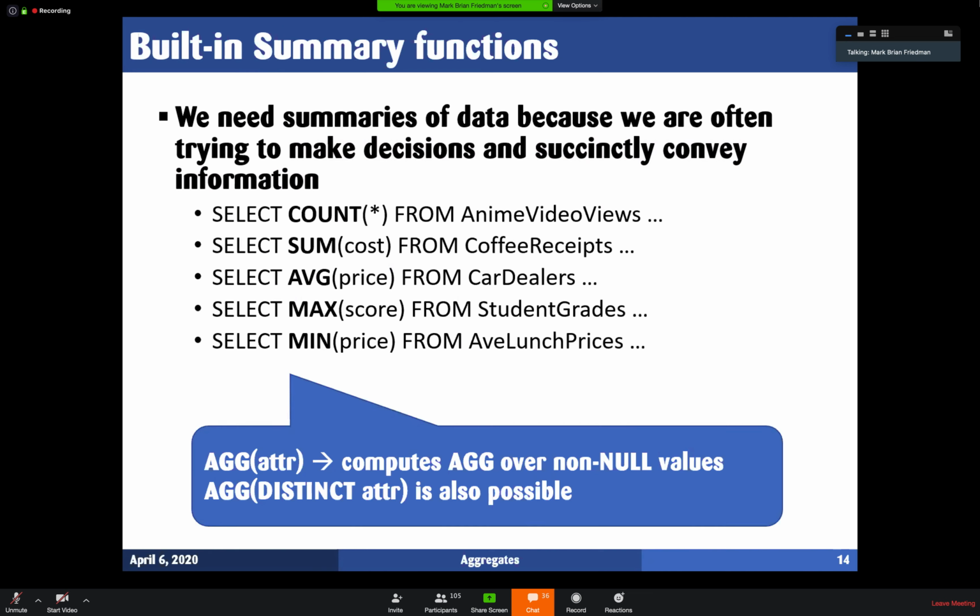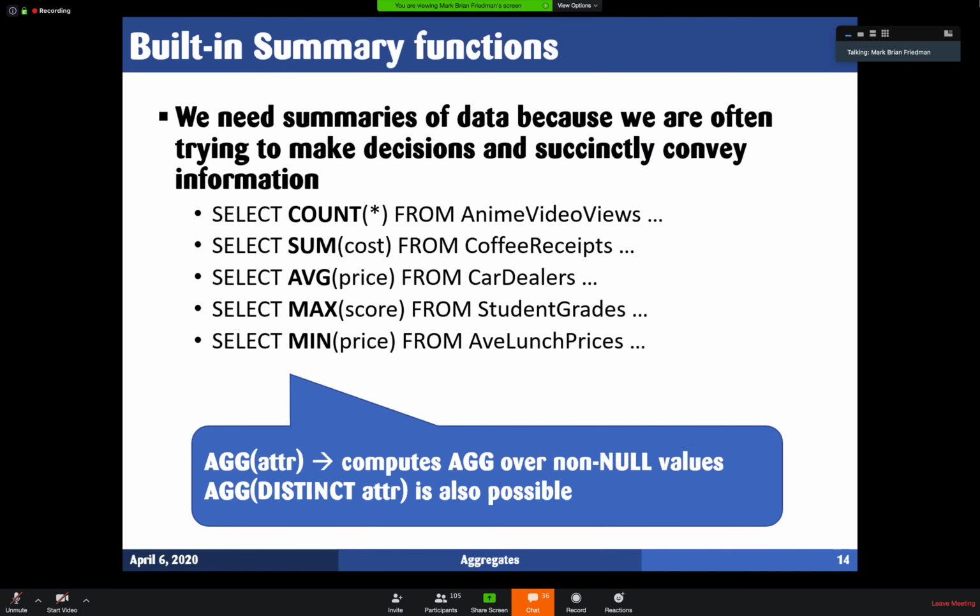Also, another way of doing it, for instance, if you wanted to get sum, or max, or any of those functions, and it would apply to duplicates within the relation, you can also use these aggregate functions with distinct.